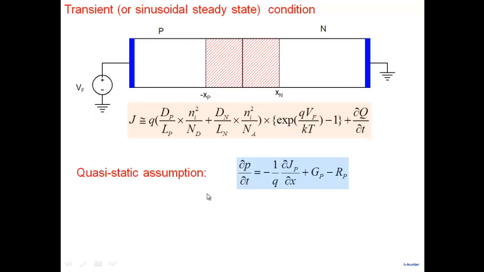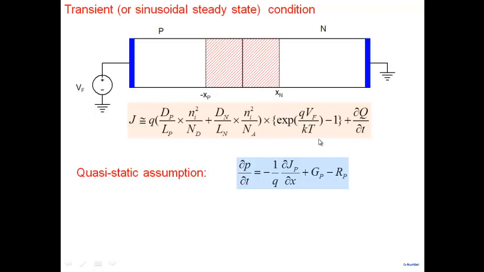So what we are assuming then is, even though the continuity equation is like this, this term, del P by del T, is not very large. And therefore, the distortion caused by del P by del T in the carrier profiles is not large here. So I can continue to assume, for example, that the carrier density goes as exponential here and exponential here, and therefore this current is valid.